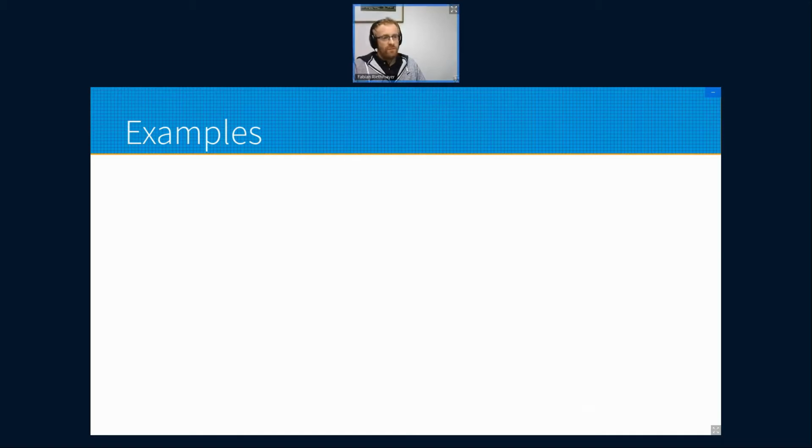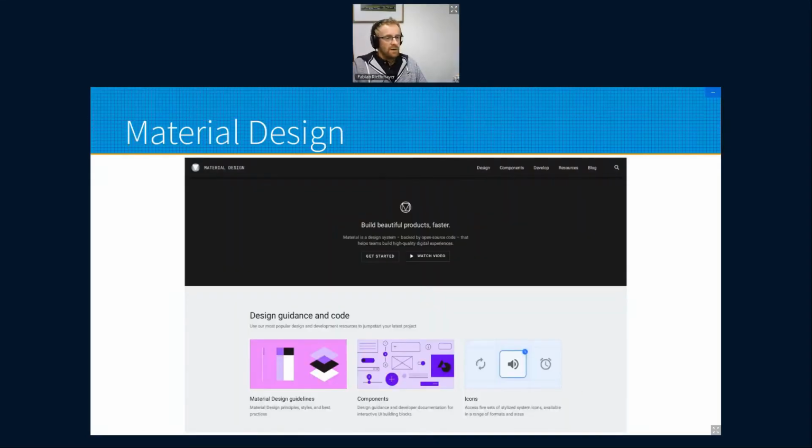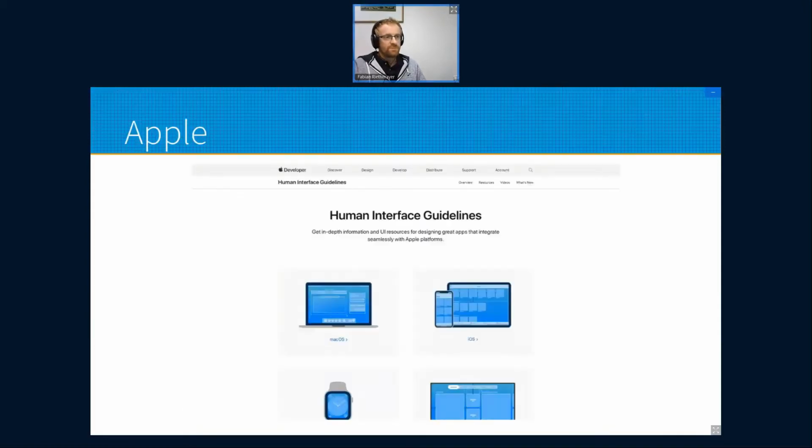There are many different human interface guidelines on the web. The most common ones, or the most well-known ones, are those for the large ecosystems. For example, Google Material Design for Android, iOS, Flutter, and the web. I guess everyone has seen it in some way or the other.